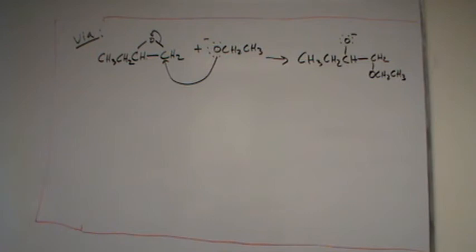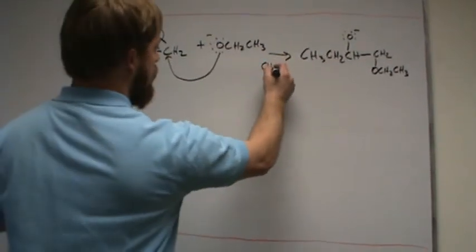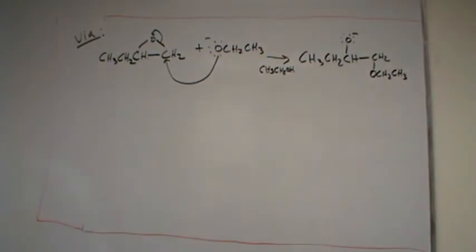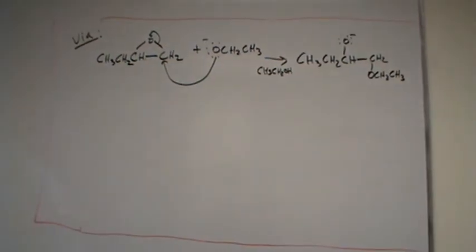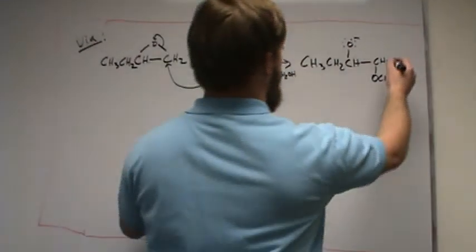Okay, so I'm not quite there yet. I need to protonate that oxygen that's got the negative charge on it. And here, any species that has an acidic hydrogen in the reaction mixture will work. If there's any water in there, you can use water. If the solvent in this case was ethanol, you can use ethanol. Okay? Any proton that we can find will work. So I will use ethanol here.